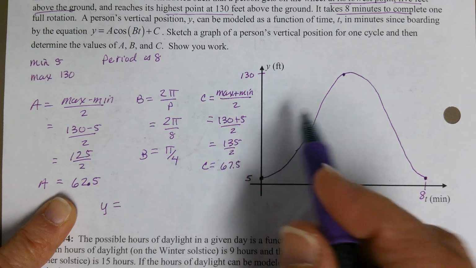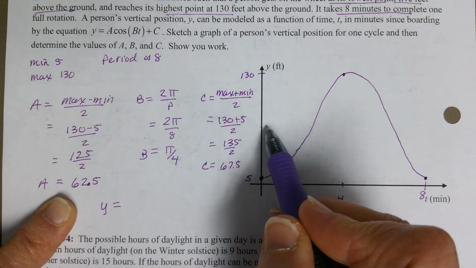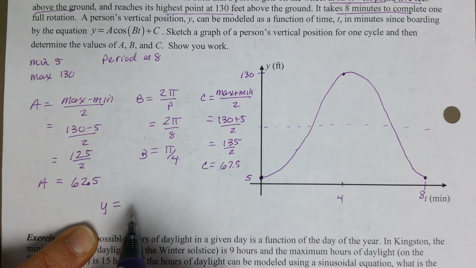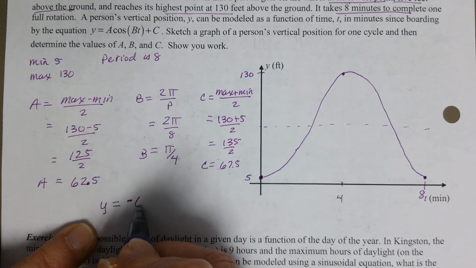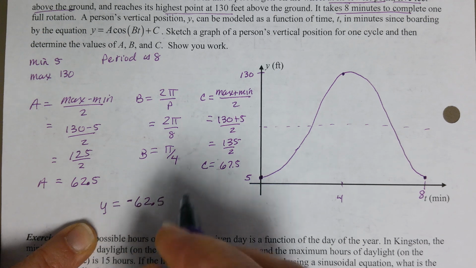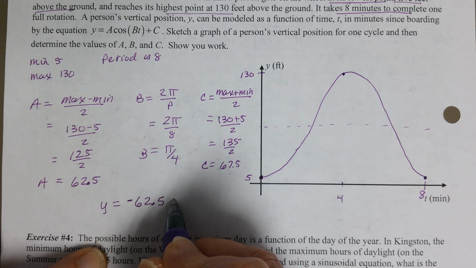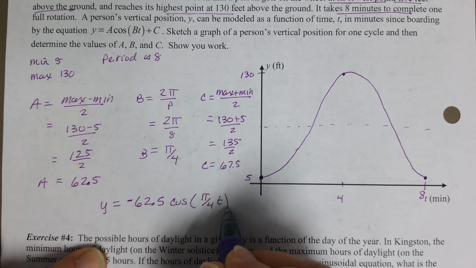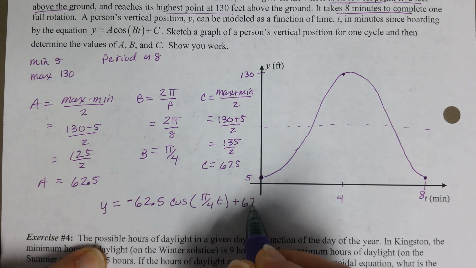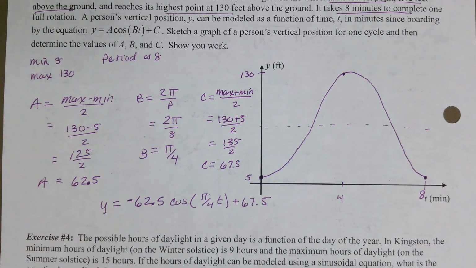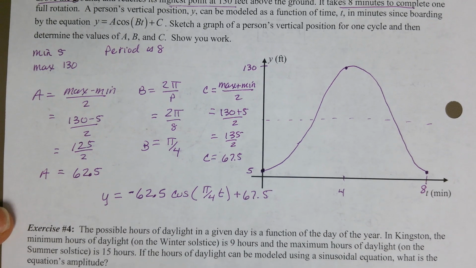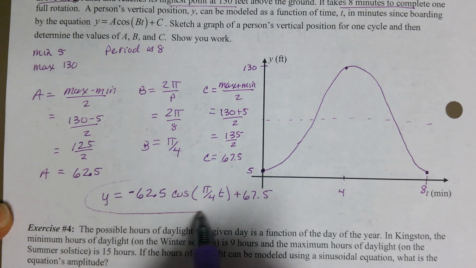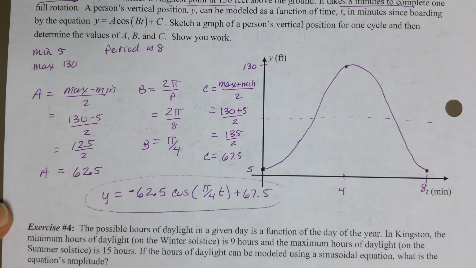Its midline is about here, and it's starting below that midline, so the equation would actually be y equals negative 62.5 cosine pi over 4t plus 67.5. That's our equation. And we could use a graphing calculator to check it if we want.